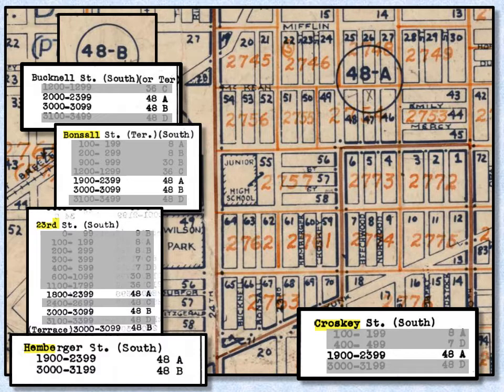So what I think is happening here is that the streets between 24th, including Hamburger, were double counted. But not only were they double counted, but they were given different address ranges for the same street. In fact, you can even see Terrace there on 23rd Street.